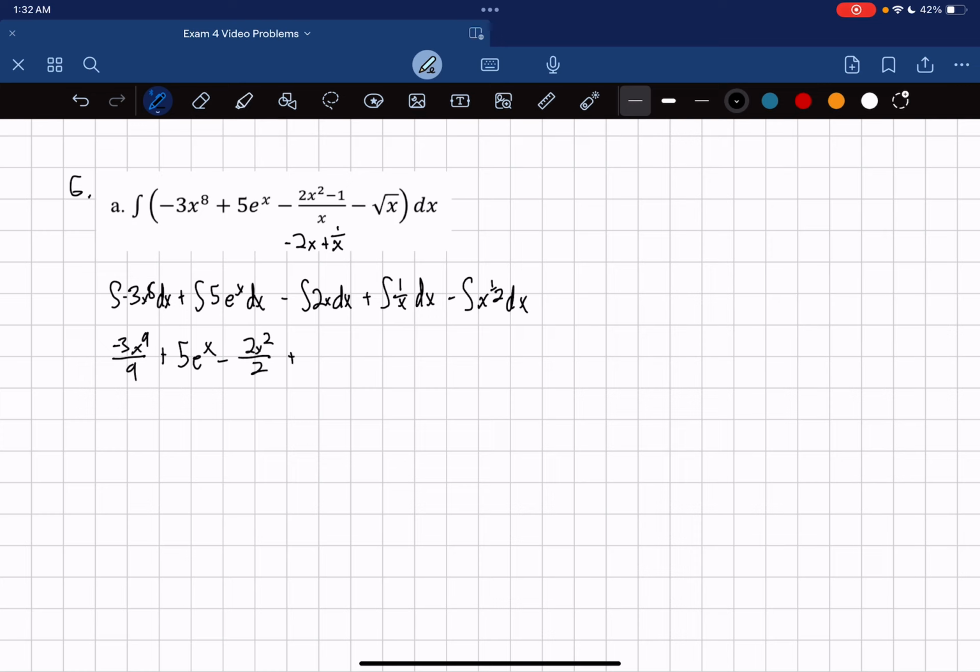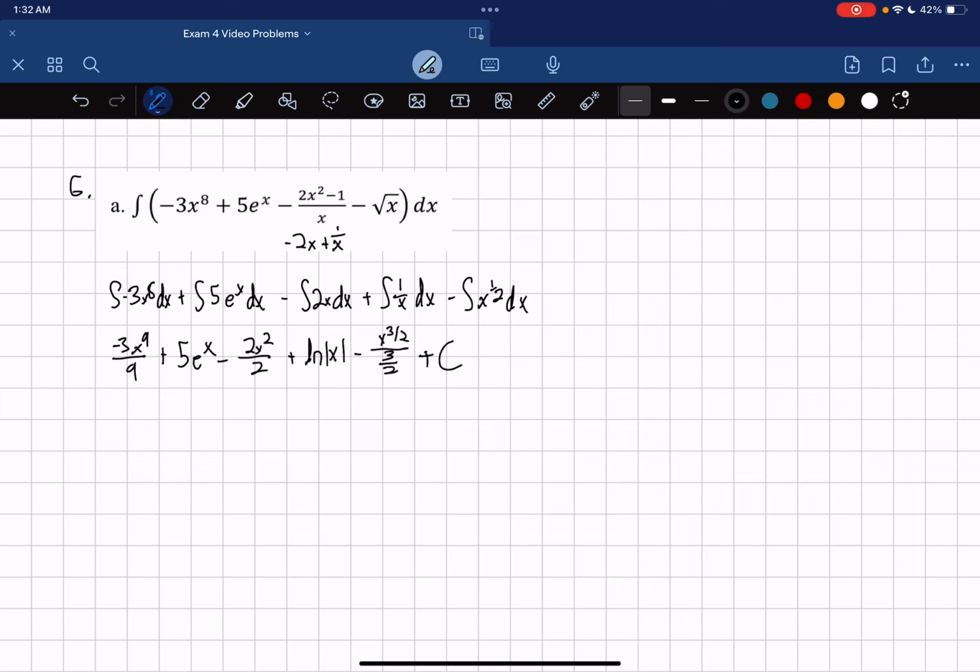Then, for integral of 1 over x, we have to use the log properties. In this case, natural log of absolute value of x, minus the integral of x to the 1/2, which can use power rule once again. Plus c.